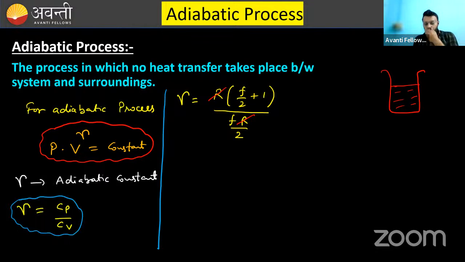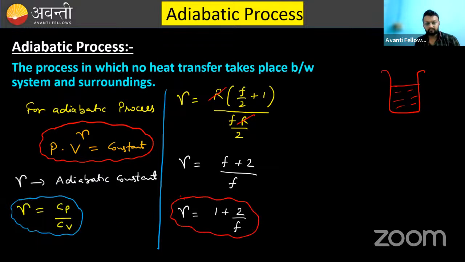You can take the LCM, gamma will be f plus 2 divided by f. You can easily see that. So gamma is going to be 1 plus 2 by f. Now again, you know the value of f, so you can calculate the value of gamma. And you need to remember the value of gamma.